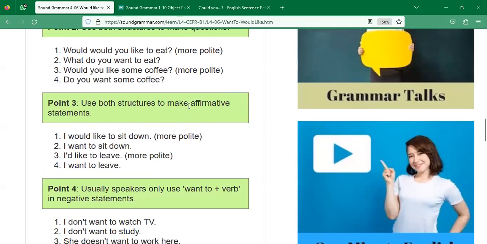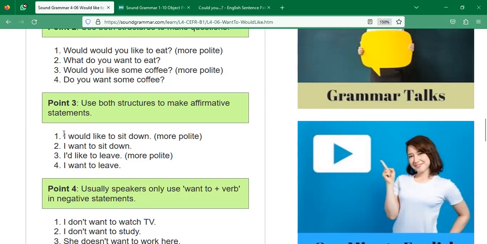Excellent. Now, if we want to make affirmative statements, Michelle, can you help me with these sentences, please? Okay, maybe she's not available right now.